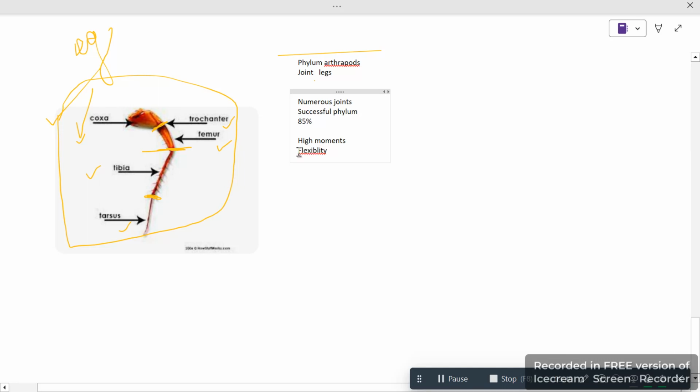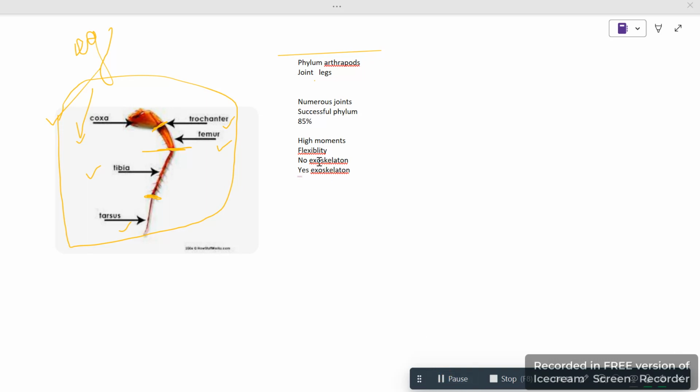Okay, then they run fast, and also, they don't have an endoskeleton, but they have an exoskeleton, which means the outside skeleton is present.